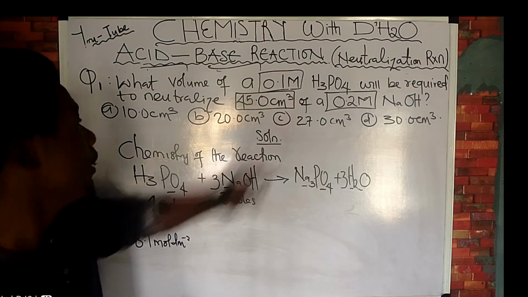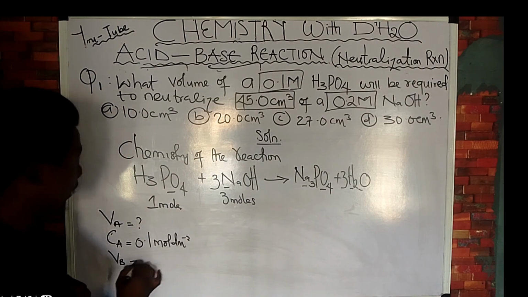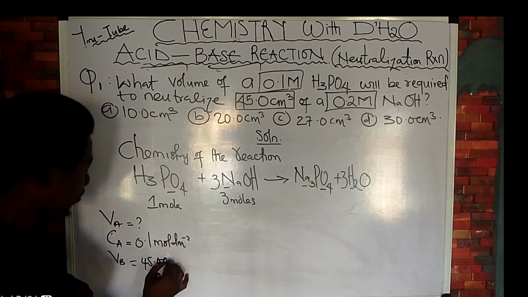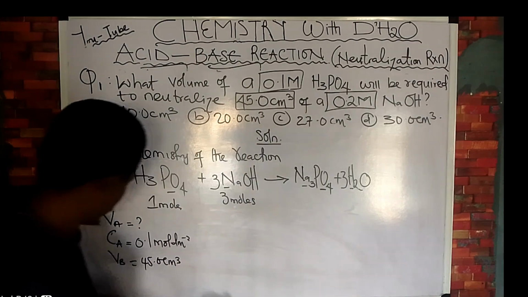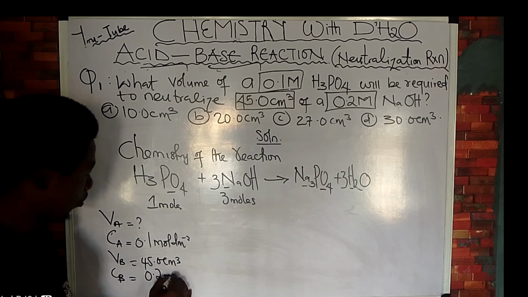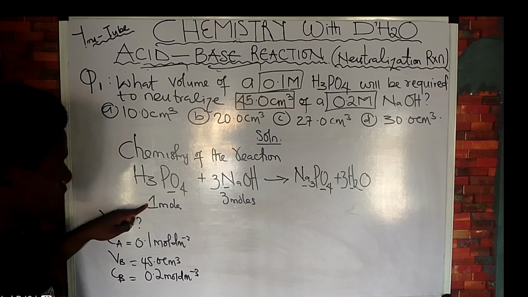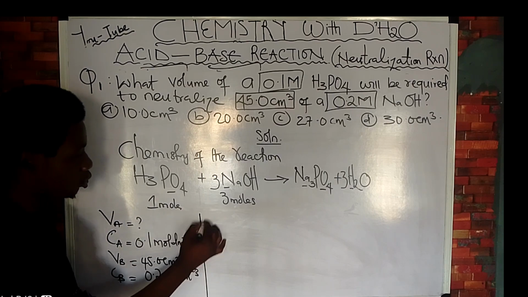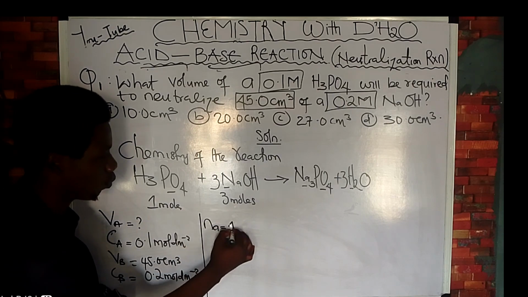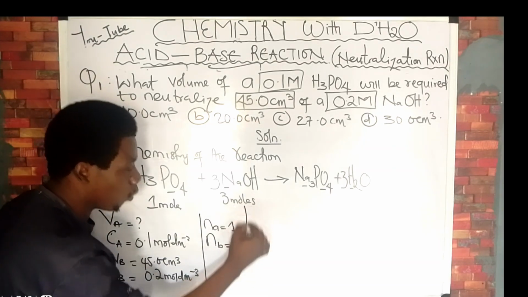Then to neutralize this volume of the base, the volume of the base is 45.0 cm cube. The concentration of the base, Cb, equals 0.2 mole per dm cube. The number of moles of the acid, look at it on the board, is 1, so Na equals 1. The number of moles of the base, Nb, equals 3.